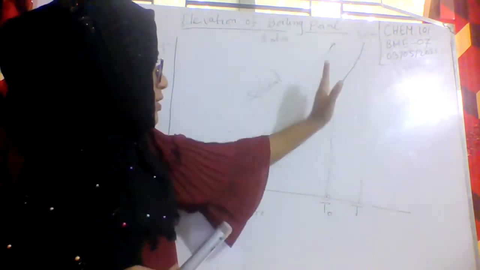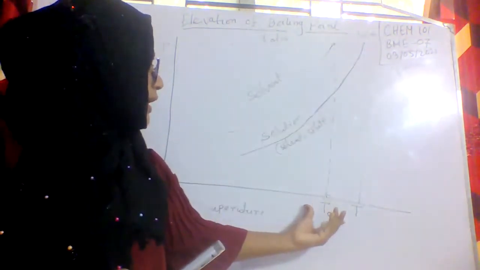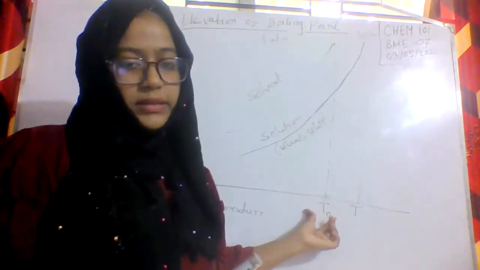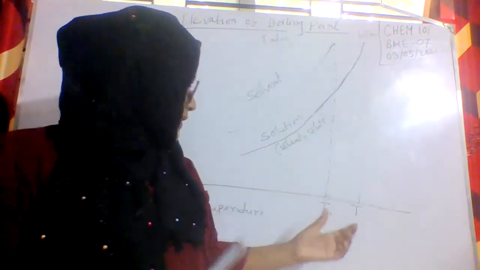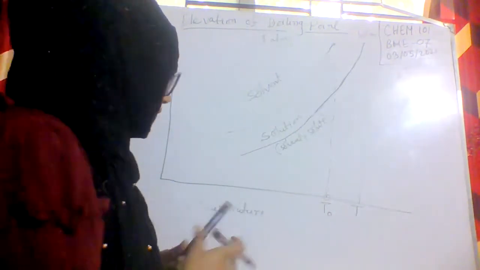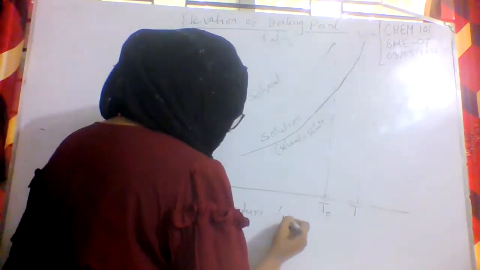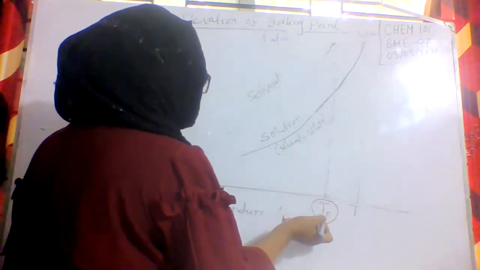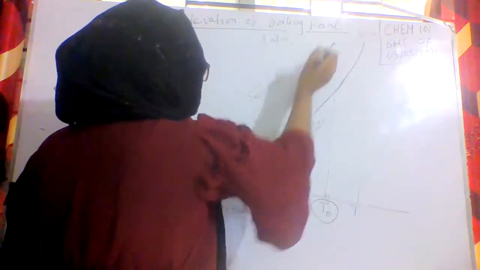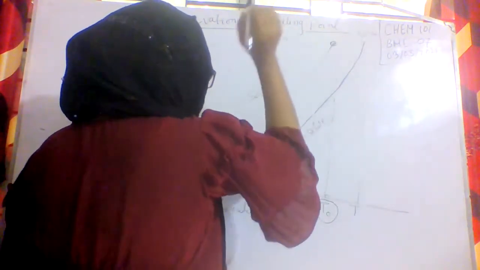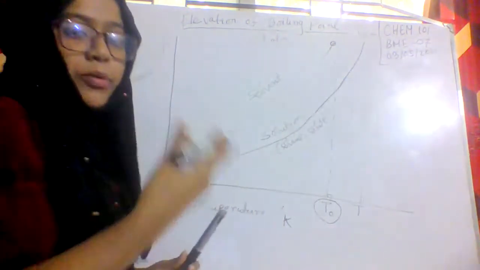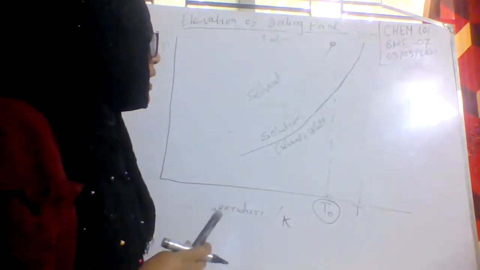Suppose the solvent boils at T naught temperature. Here it is not expressed in degrees, actually, it is expressed in Kelvin. So at T naught the solvent becomes vaporized and it is the boiling point of the solvent.